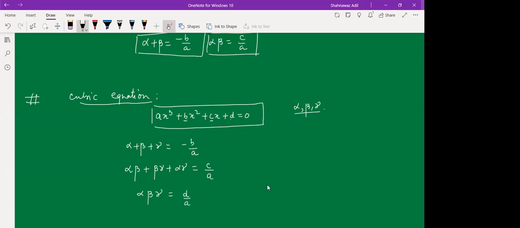And what would be the sign, positive or negative? See here, this one was negative and then this was positive, so we have alternate signs. So this would be negative. So these are the relationships between the zeros and coefficients for the case of the cubic equation. Understood? Please note it down.